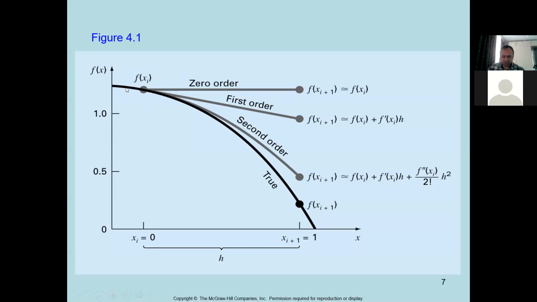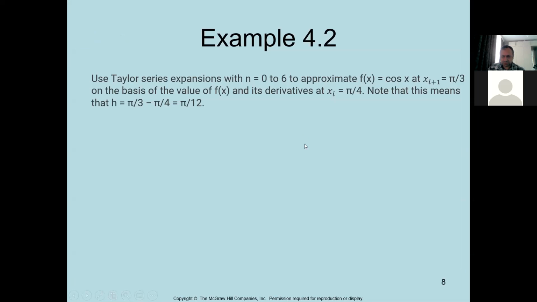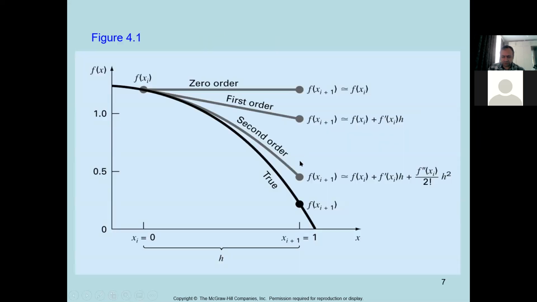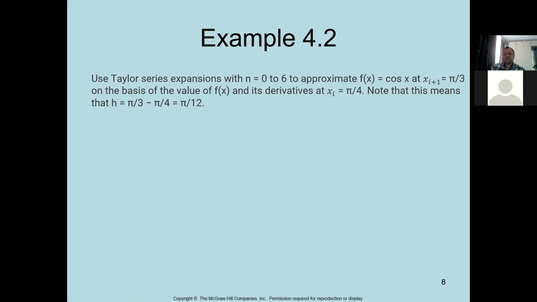The original function varies like this, but its approximations vary in different manners. As you can see, from the 0th order to the first order, the error is gradually reducing, as we can expect from this function. Okay, next is example 4.2.